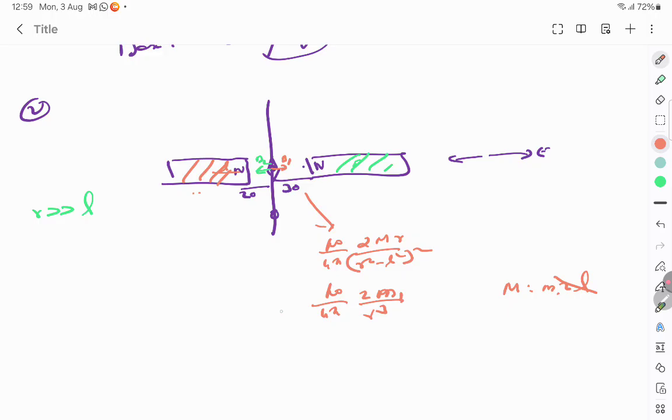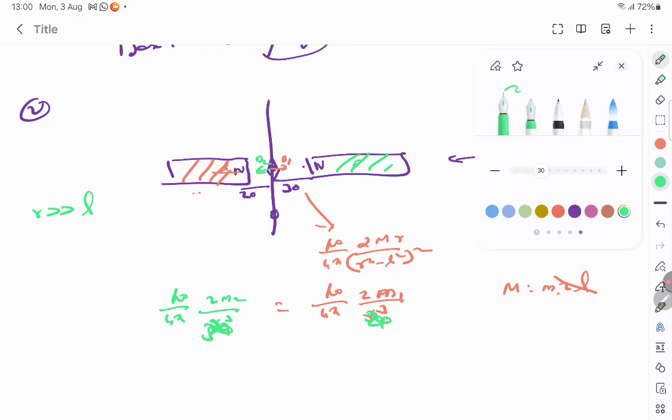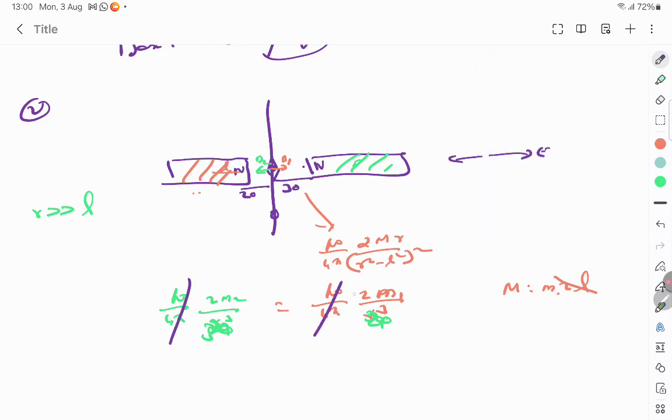Which can be equated to the green color's axial line, which is the second bar magnet's axial line, which is mu naught by 4 pi into 2m2 by r cube. This is r1 cube, this is r2 cube. One is 30, another is 20. Correct? So write 20 cube here and 30 cube here, and cancel off the mu naught by 4 pi and the 2 and 2.